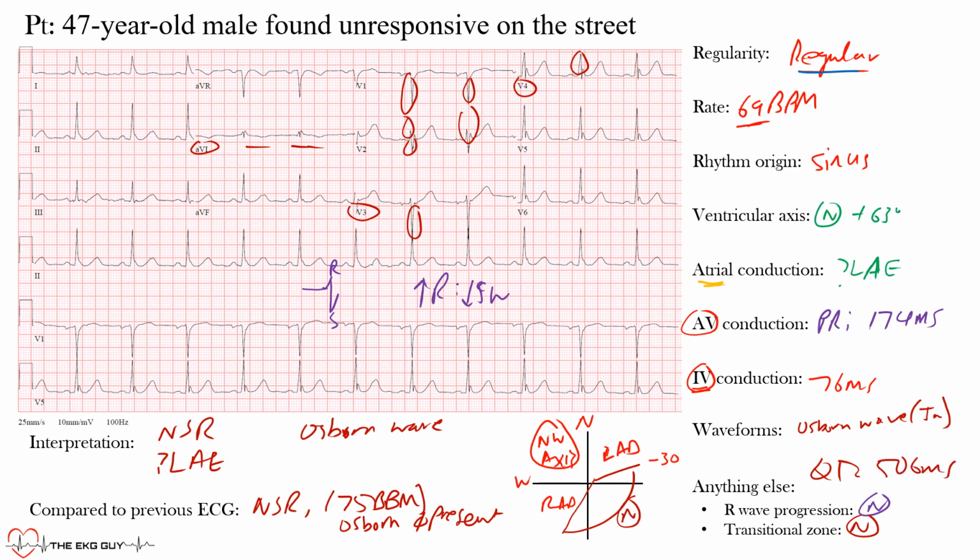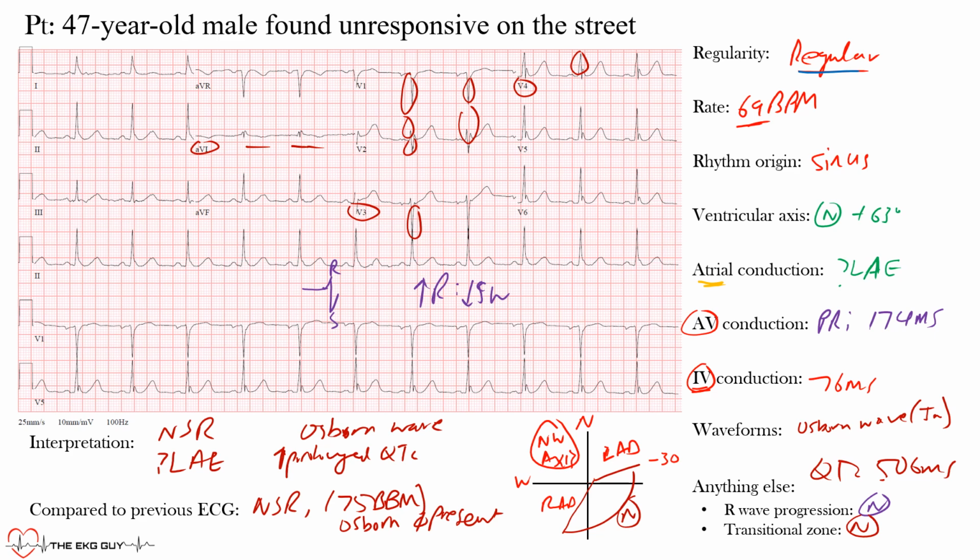QTc is the corrected QT interval. So this is a slightly prolonged QTc that we should note here. Slightly prolonged, above 500, and something we should be aware of, putting the patient at risk of sometimes ventricular arrhythmia, such as torsades, if it gets too long. So it's just something to note. Hopefully that makes sense.